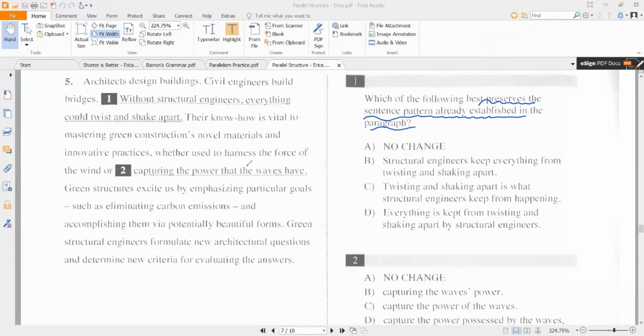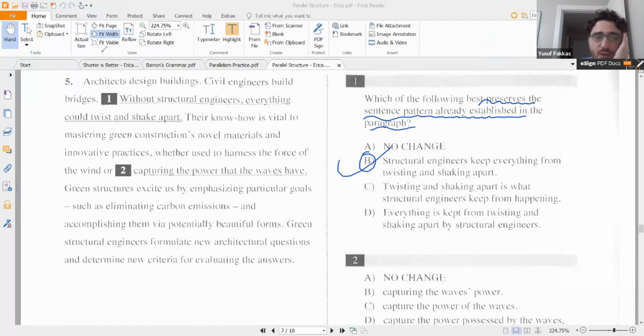B, because structural engineers and then architects, civil engineers, they're all the same structure. Thank you. So here we are saying architects design buildings. Civil engineers build bridges. Structural engineers keep everything. Okay, thank you.